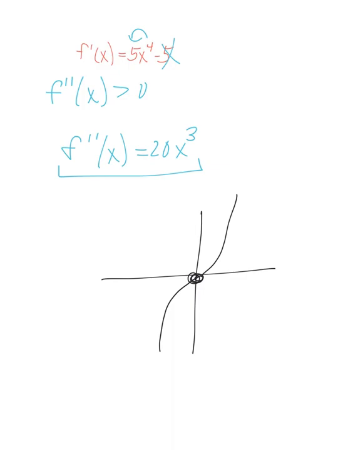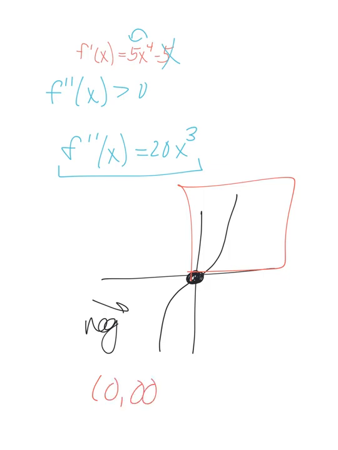So we know that for any of the negative x values, this will be a negative value. So when is it positive? Well, it's positive here. So our original function would be concave up on the interval of 0 to infinity.